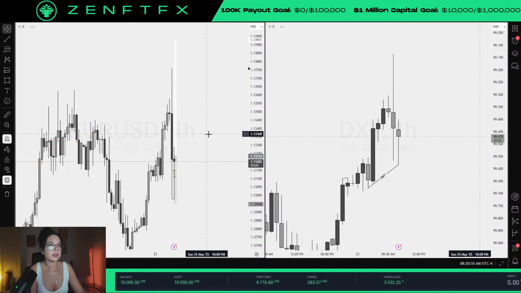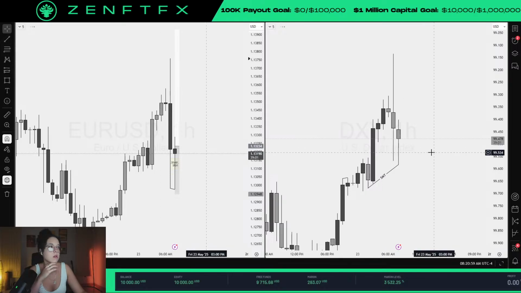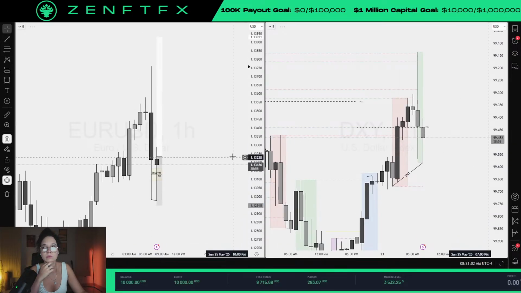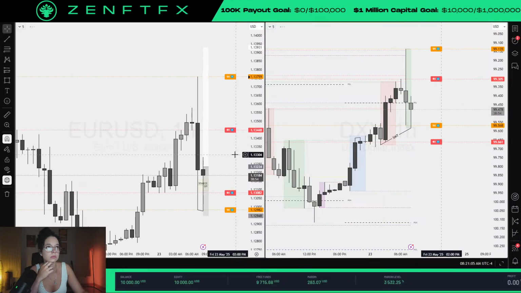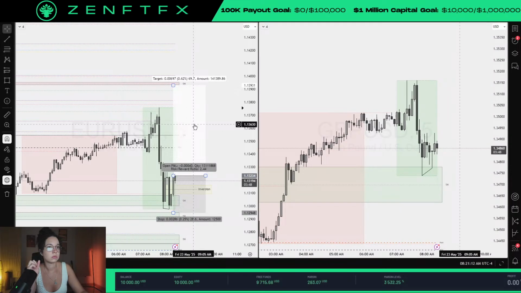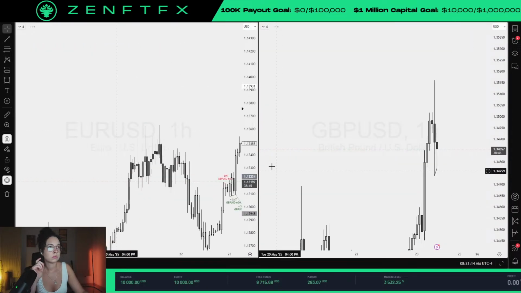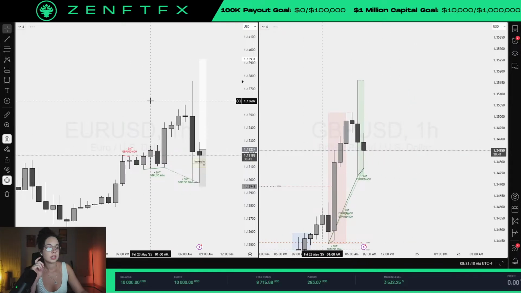Yeah, I really like the longs here, rejecting out of this hourly. Yeah, we'll see. Gonna monitor it on the hour. Actually, the 5.